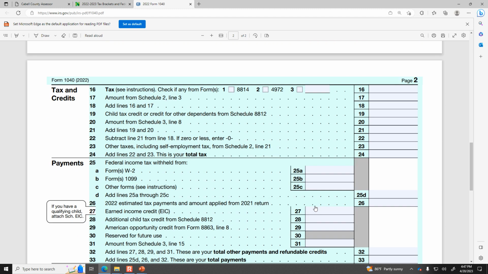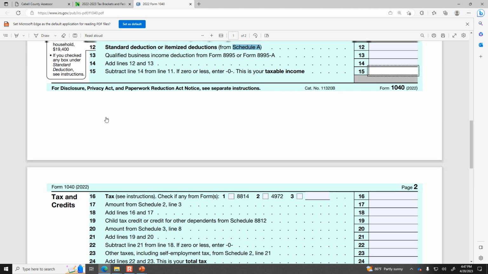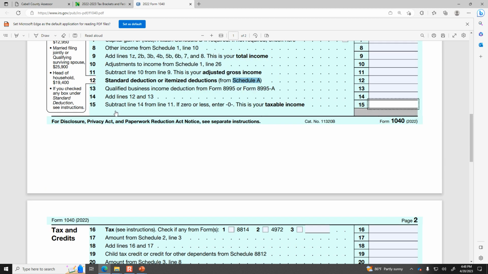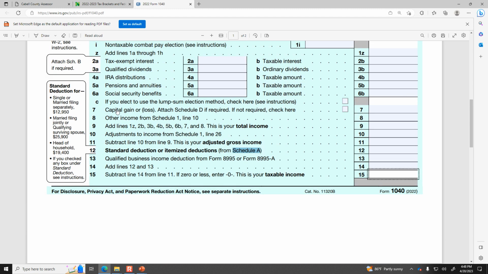Now, in addition to deductions, there's also credits. And a credit is kind of like the government paying the taxes on your behalf. So deductions are good and credits are good, but $1 of deduction isn't as valuable as $1 of credit, because $1 of deduction is just reducing your taxable income by $1.